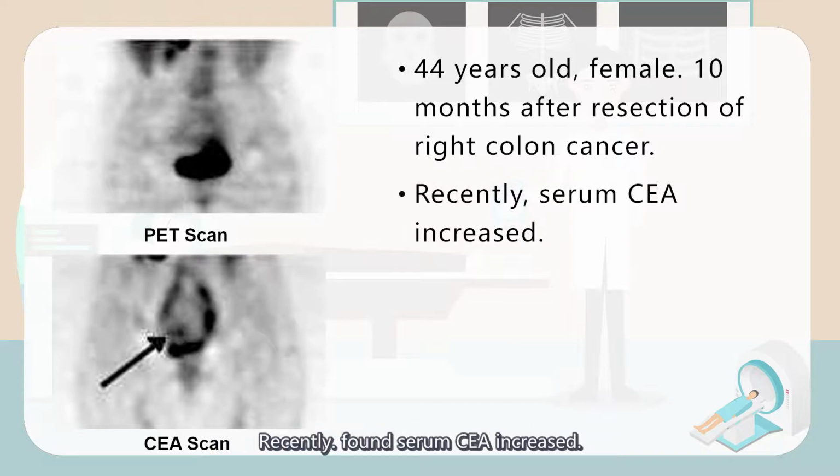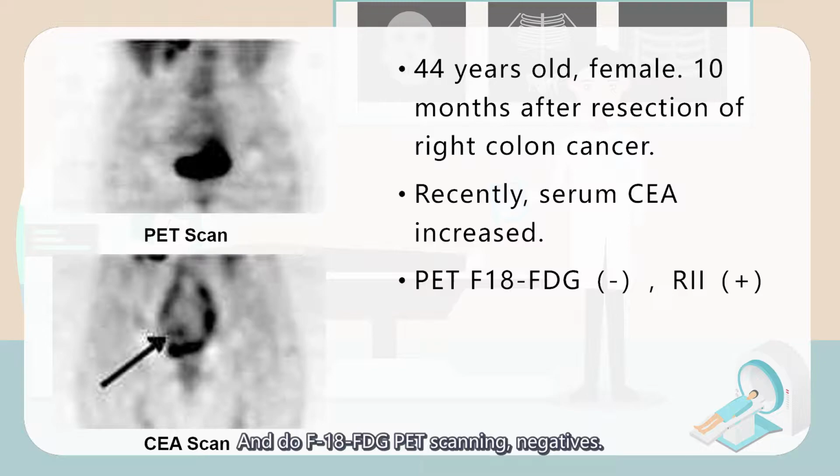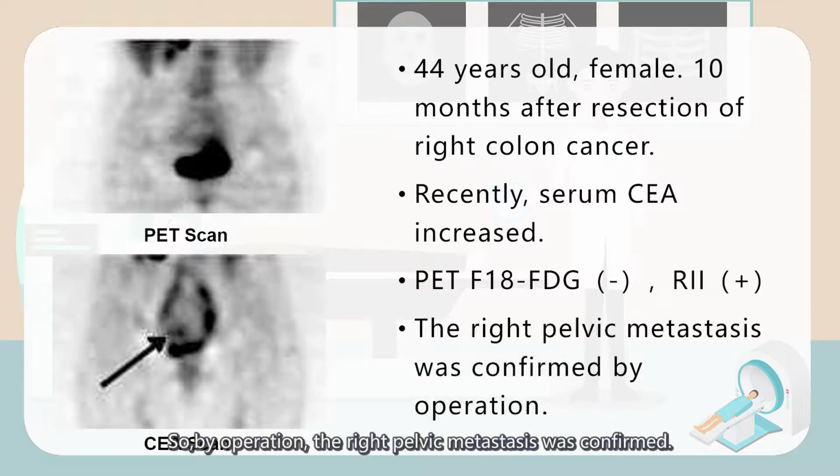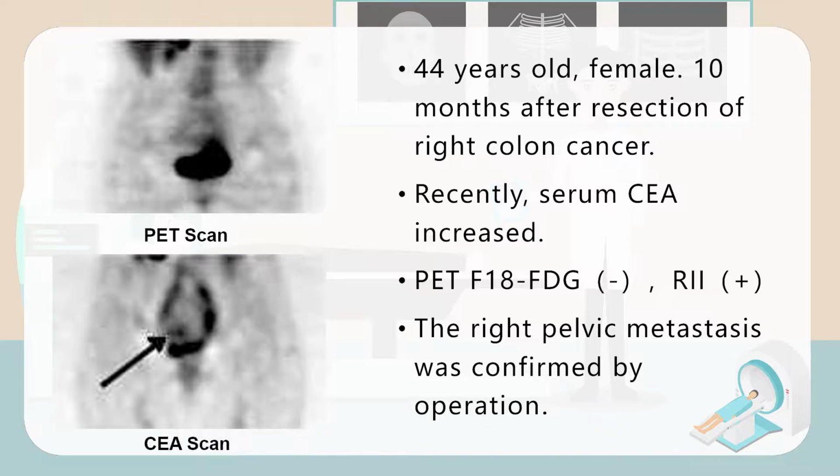Recently, detection found serum CEA increased, and the PET F-18 FDG scanning was negative, while the CEA radioimmunoimaging was positive. By operation, the right pelvic metastasis was confirmed. And this picture shows radioimmunoimaging is specific to the CEA antigen.